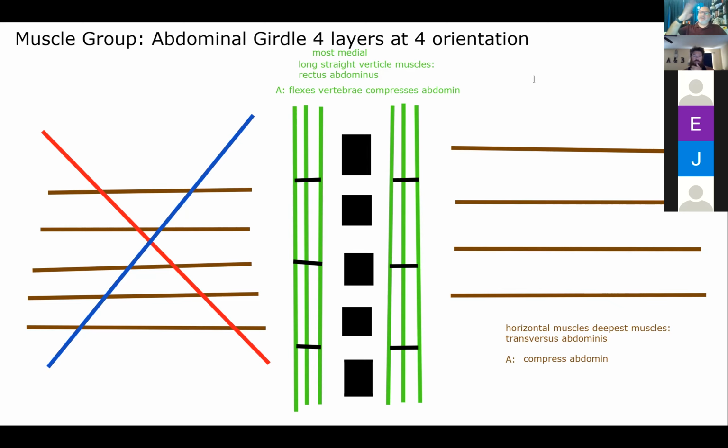Remember, oblique means at an angle. Notice they're perpendicular to each other, kind of like we saw with our intercostals. And notice our red oblique here, its fascicles project down and in.